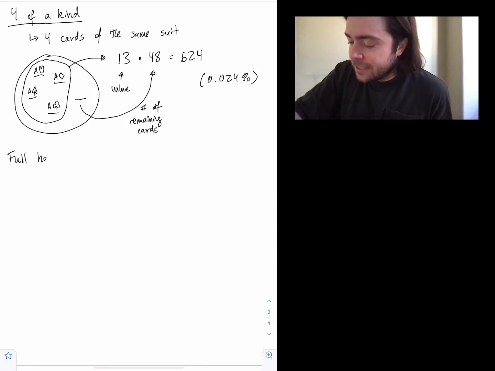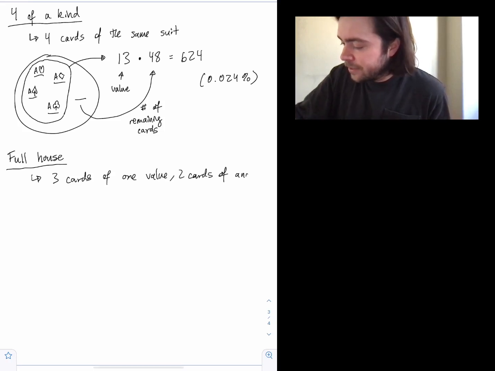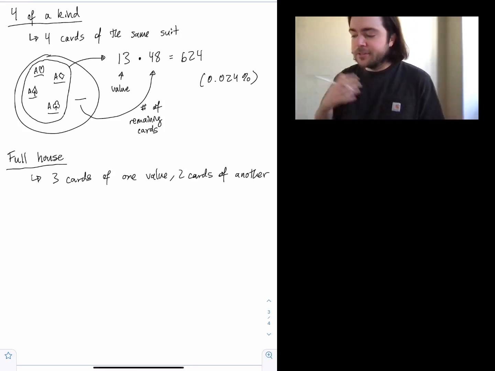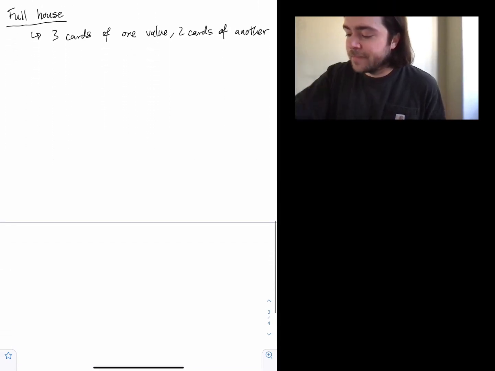All right, the next one is the full house. What's a full house? Well, it's 3 cards of one value, and 2 cards of another value. Obviously, we know those 2 values can't be the same because that would be 5 cards of the same value. That's not possible. There are only 4 suits.